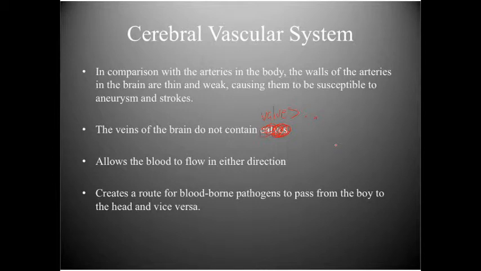As we know in the heart, there are valves, like the aortic valve, which prevent blood flow from going the opposite direction from what it's supposed to. But the brain does not have this, and this creates a route for bloodborne pathogens to pass from the body to the head, and vice versa.